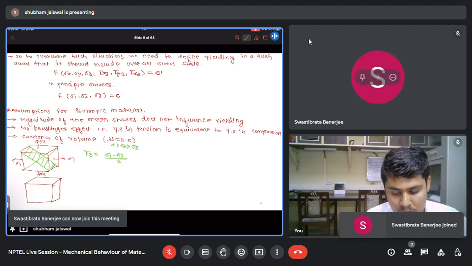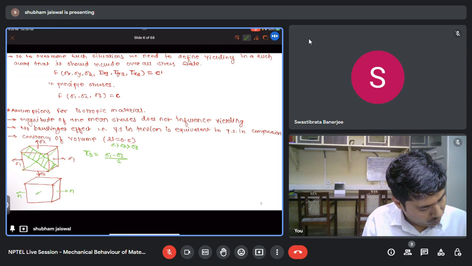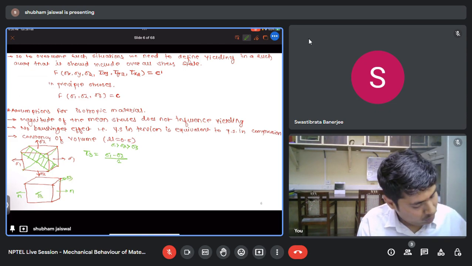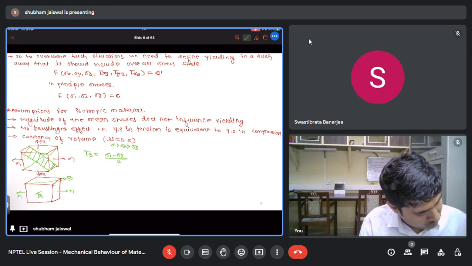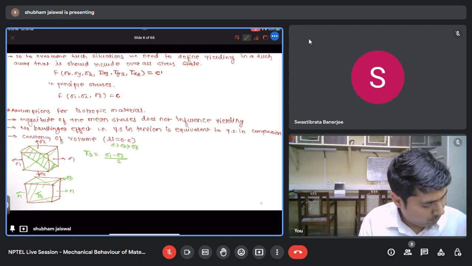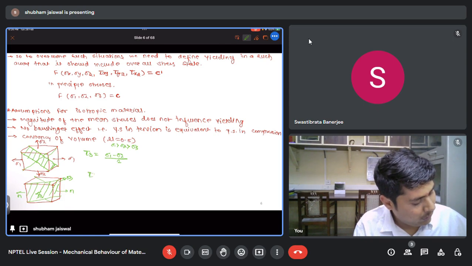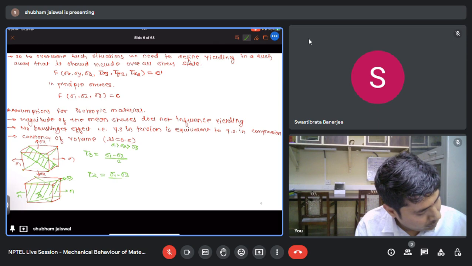Okay. Now, suppose it is subjected to loading in x and z direction, like sigma 1 and sigma 3. So this will be our tau 2, and it is equal to sigma 1 minus sigma 3 by 2.